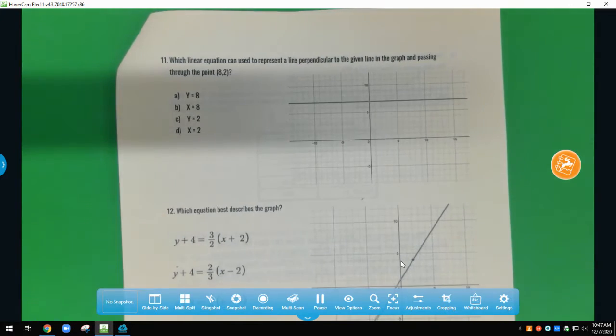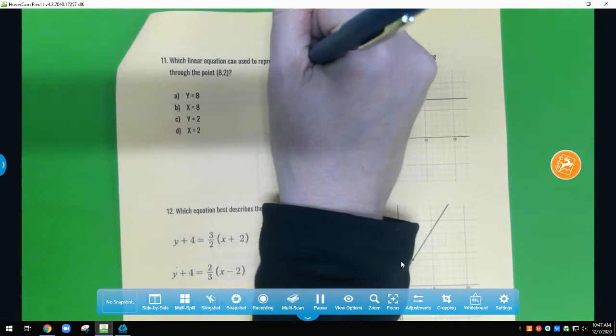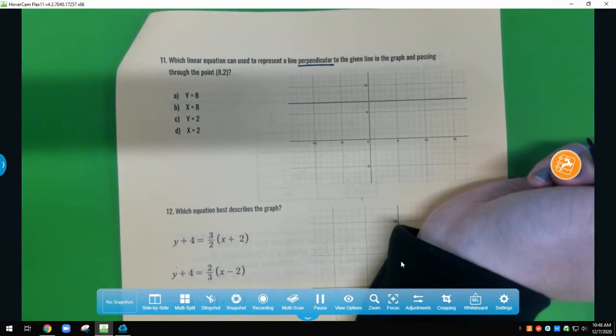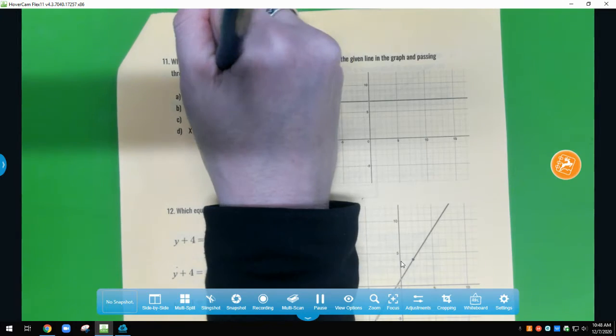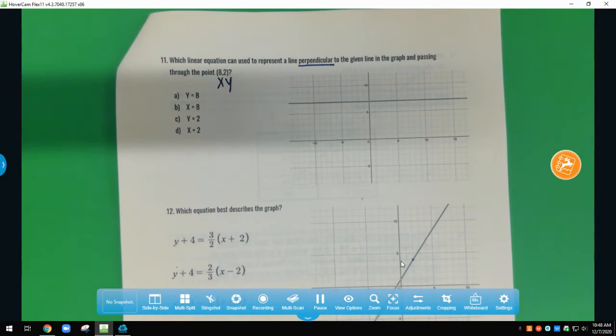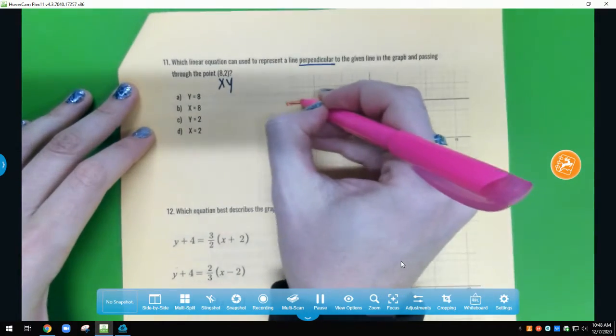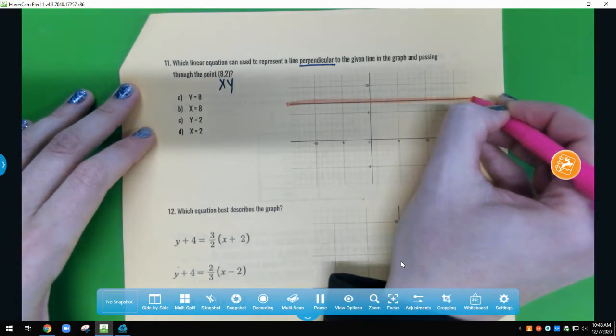Okay, number 11. Which linear equation can be used to represent a line perpendicular to the given line in the graph and passing through the point (8, 2)? I'm going to go ahead and label my point x and y. The line on the graph is this line here.